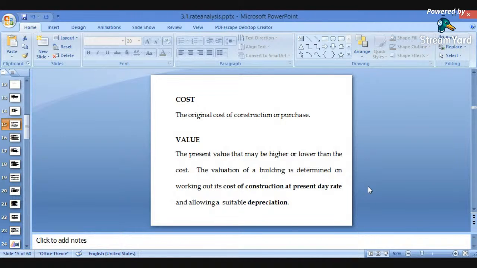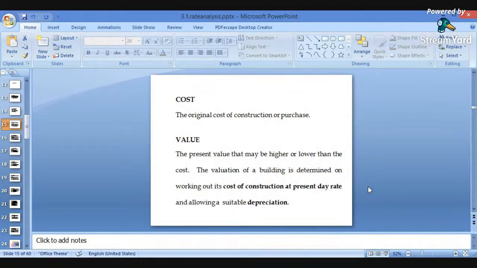So what is the cost at present? Depending upon the current rates, the cost of construction at the present day rate, the value of the property will be decided. Again, it is also dependent on depreciation. We will see depreciation in detail in the next few slides.